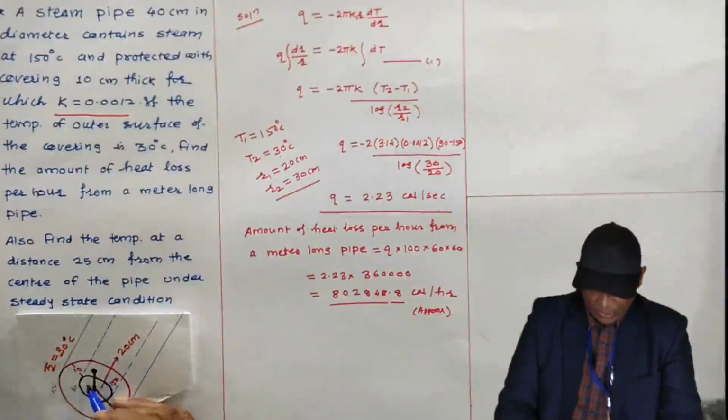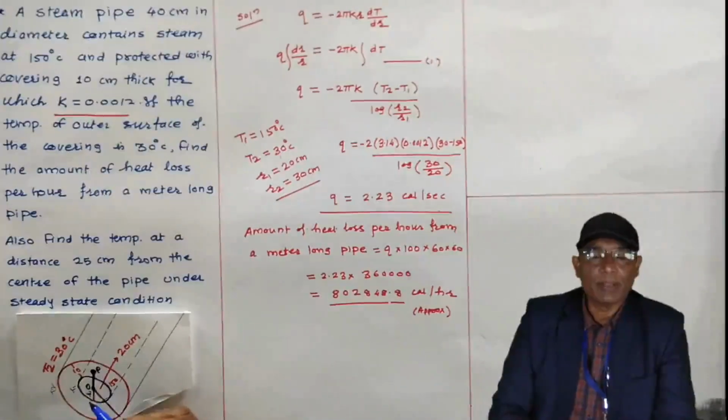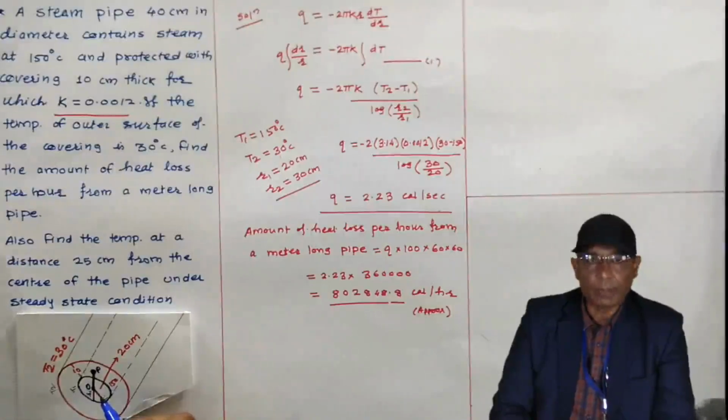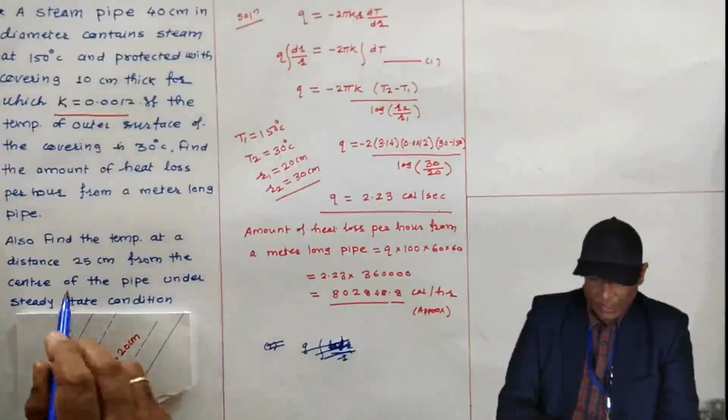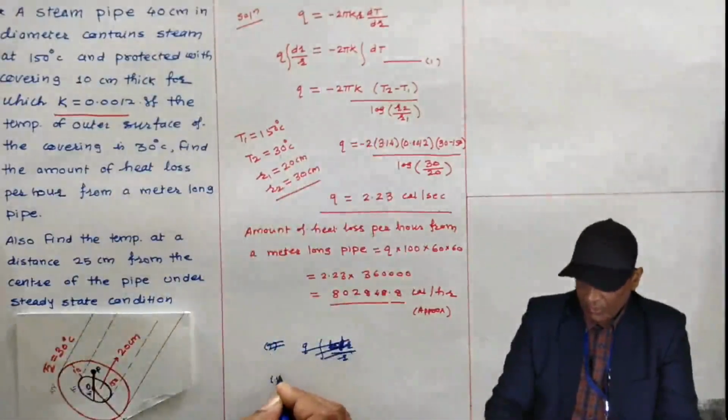This point I am writing O, and this point P. OP is 25, and at P, at R equal to 25, I want the temperature of the pipe. For this purpose, I am going to use equation 1. What is equation 1?